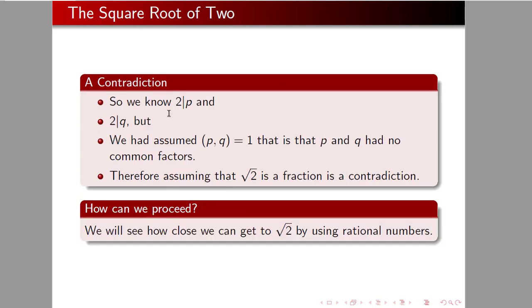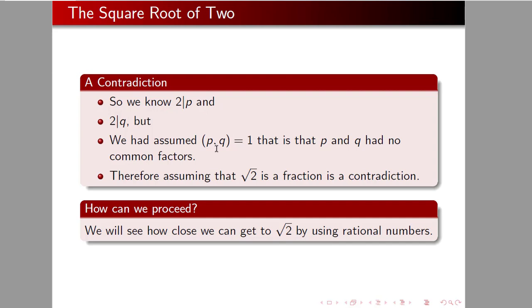Now, we know that 2 divides p. That's what p being even means. We know that 2 divides q, which is what q being even means. But we had assumed that p and q had no common factors.